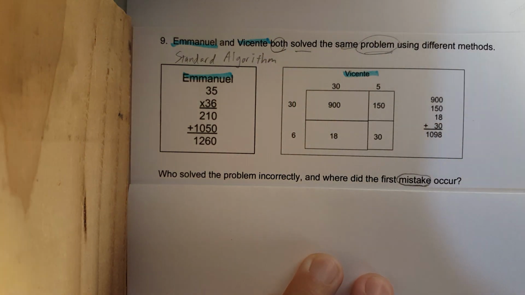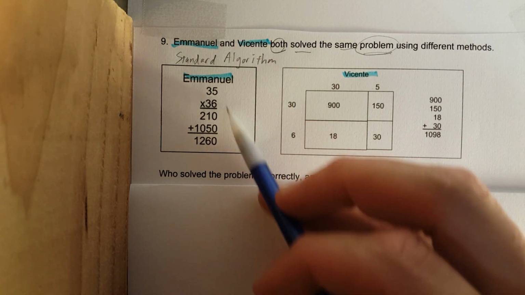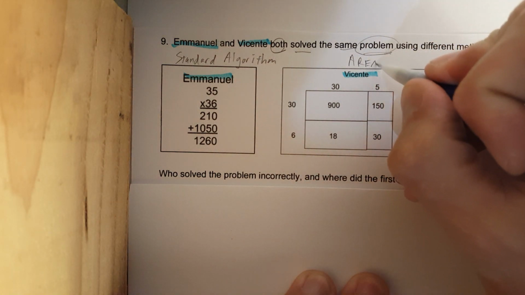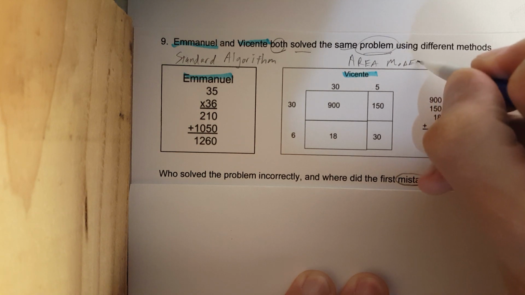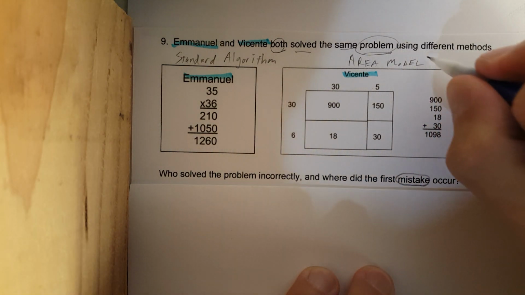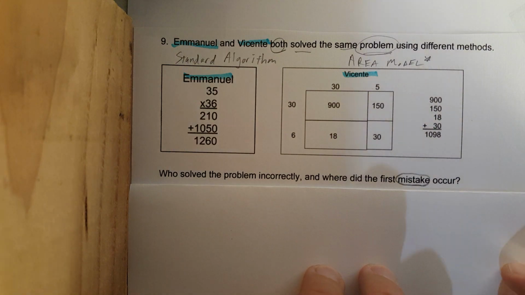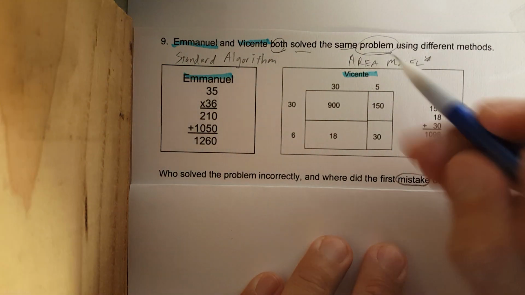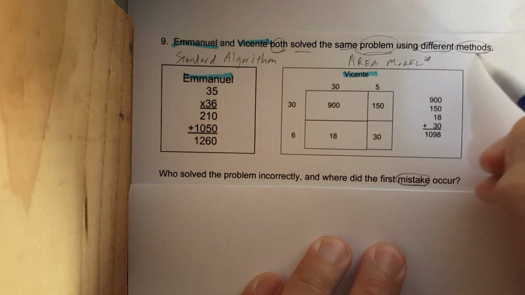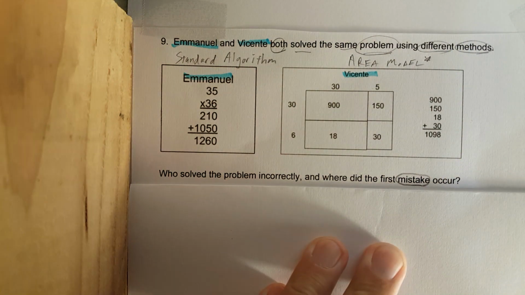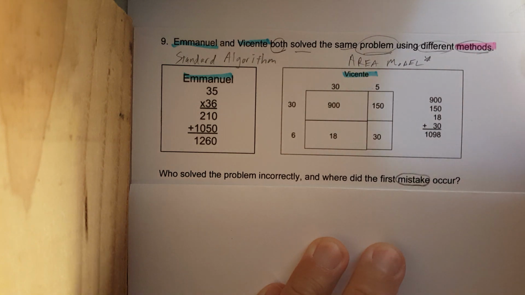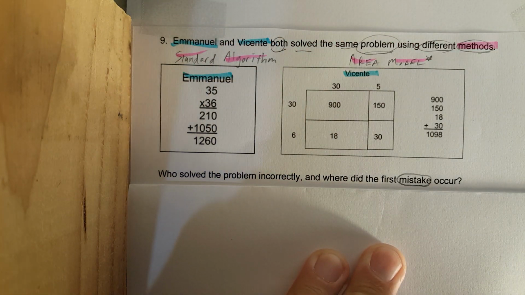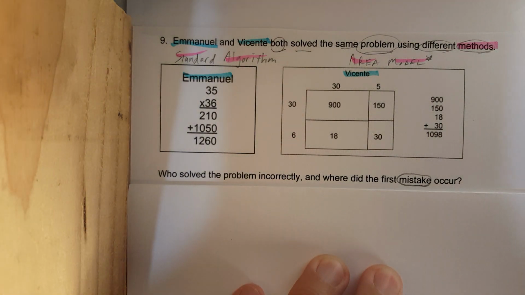Boring, I'm just kidding. I have some students who really prefer this one. And then this one is area model, which is more visual. This is my fave. And a lot of students I have like this one too. Then, of course, we have partial product. Using different methods. There's the keyword. We have methods. This one is area model method. This one is standard algorithm method.